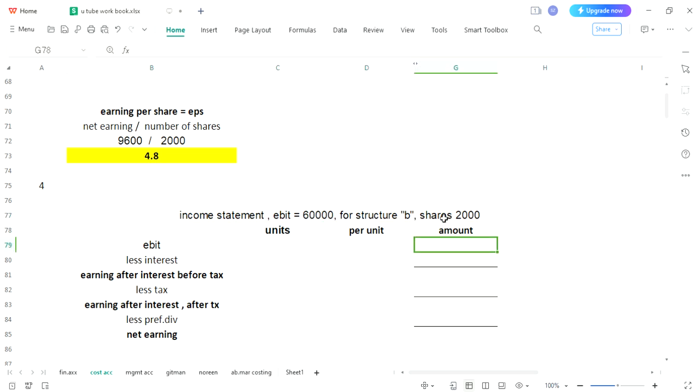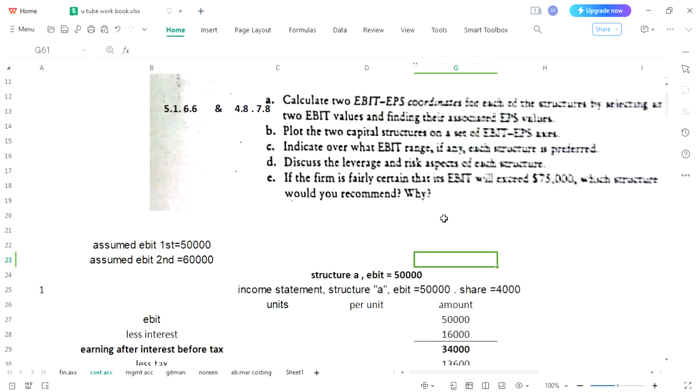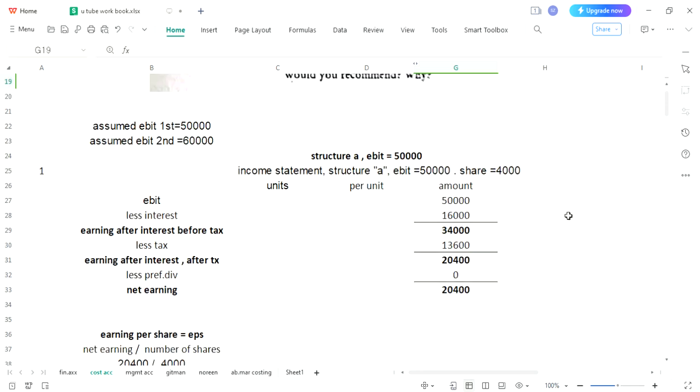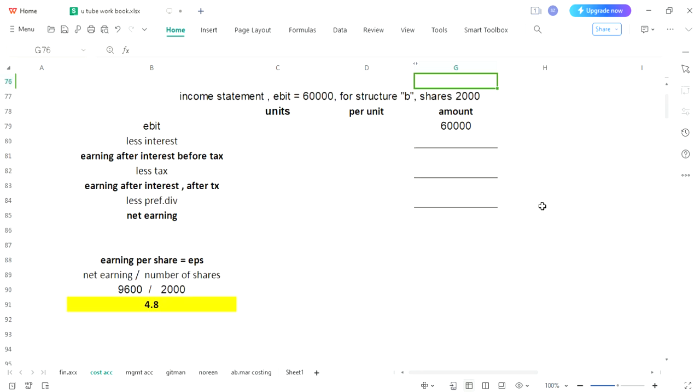So EBIT would be put 60,000. And as you know, we are with structure B where your loan amount is 2 lakh with 17% interest. So let's calculate it. 2 lakh amount of debt and 17% is rate of interest.